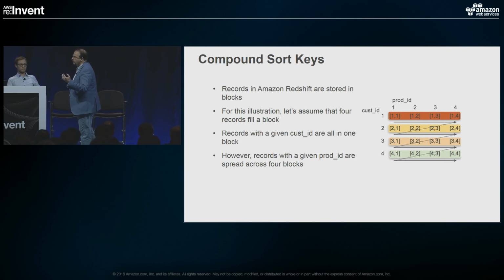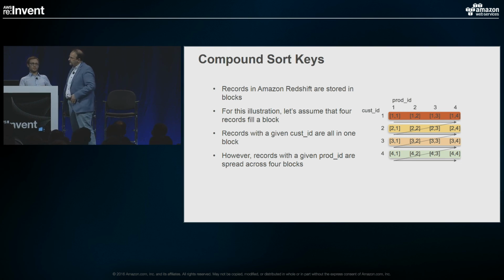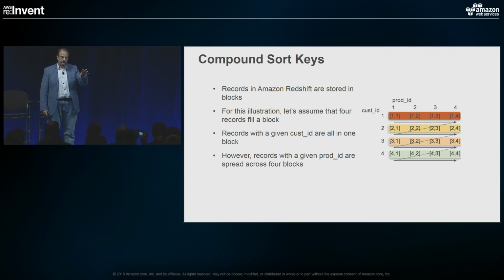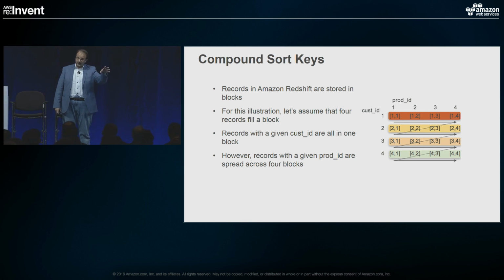So on Redshift, you can create complex sort keys. You can choose one column or multiple columns. On the compound sort keys, the way it works is we sort by the first column, and then for the same values of the first column, we sort by the other columns. Which means that you don't want a very high resolution column as the first column, because everything that comes after that will be useless.